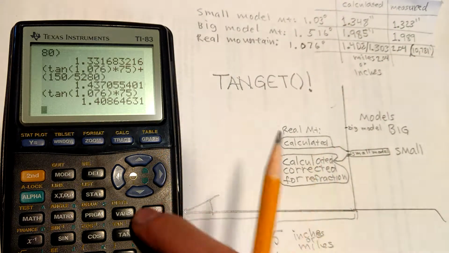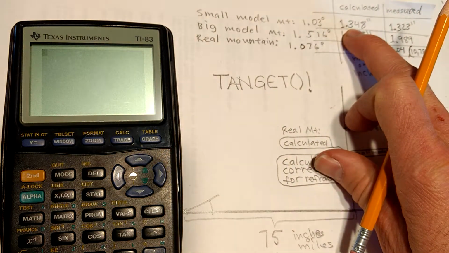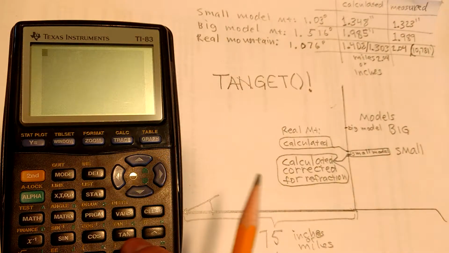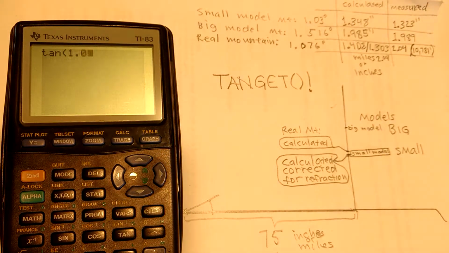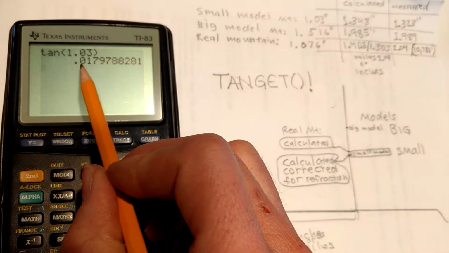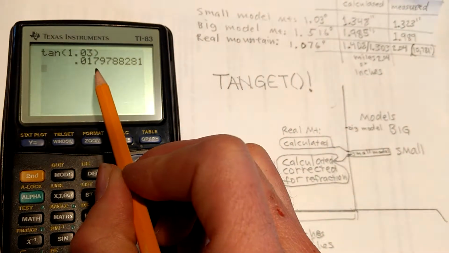So I'm going to go clear here, and I'll show you how I calculate the height of the small model mountain. It was 1.03 degrees. So we just simply take the tangent of 1.03, and that gives us a slope. For every 100 units out, it goes 17.97 units up, or whatever.